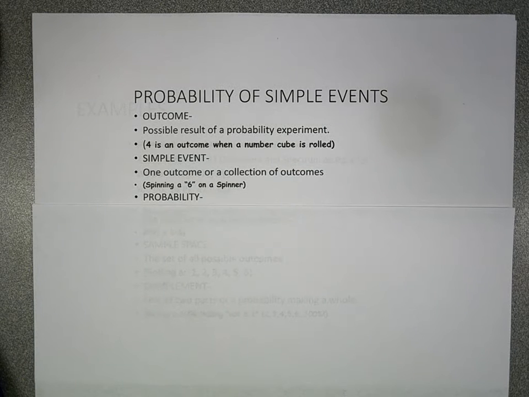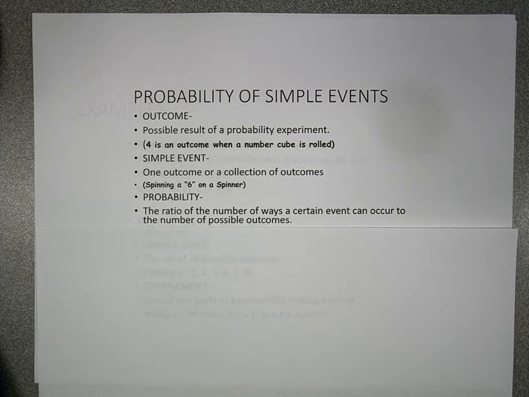I kind of defined this next word earlier. The next word is probability, everyone. Probability. Your book says this is the ratio of the number of ways a certain event can occur to the number of possible outcomes. That's how we're going to be writing it. Go ahead and write that down.